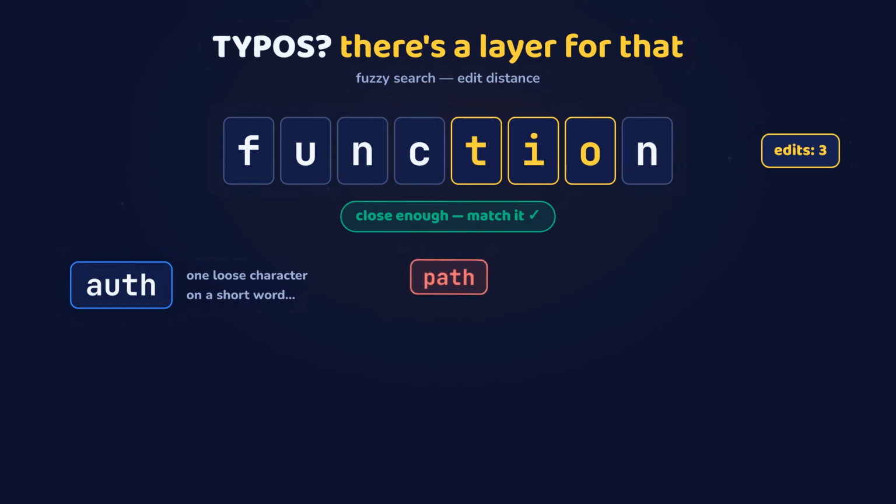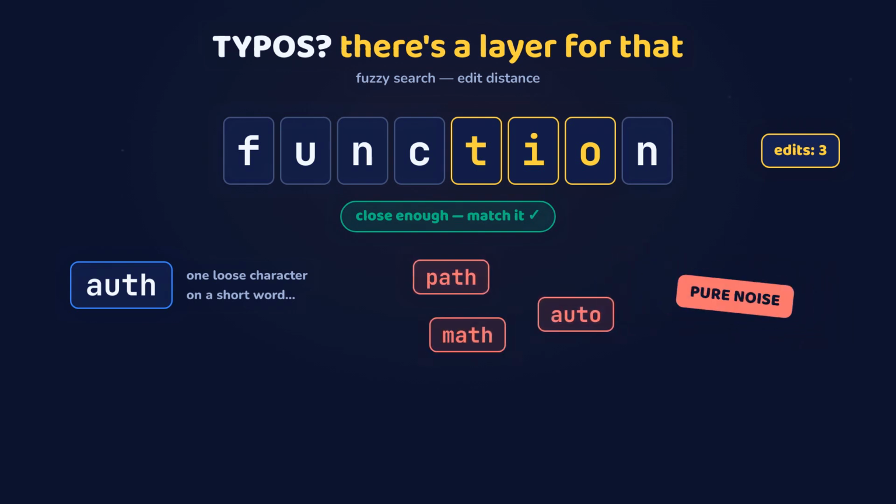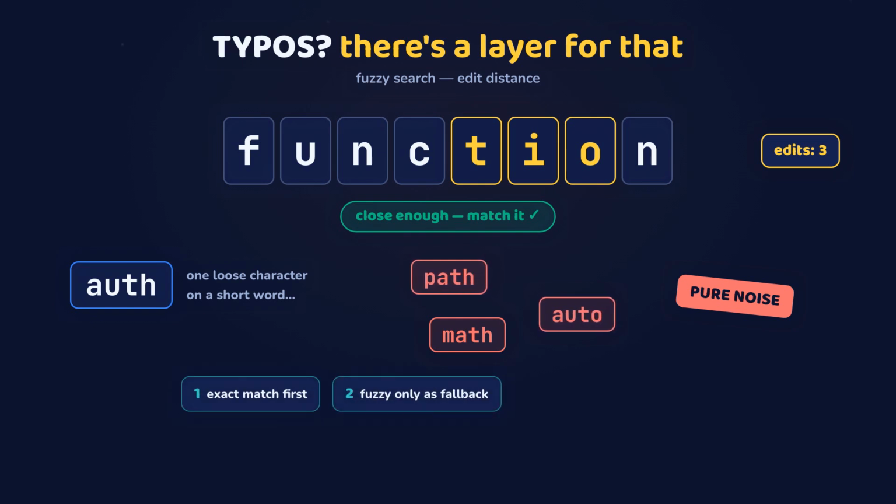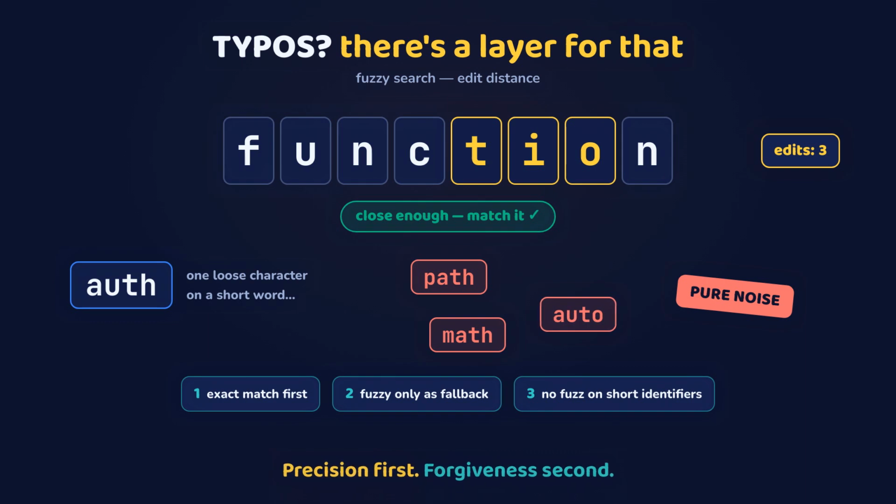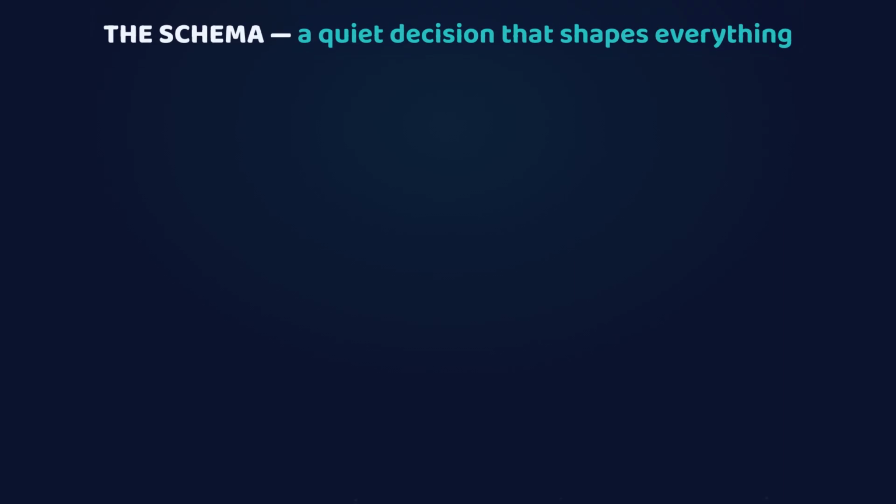Loosen auth by a single character, and you've matched path, auto, and math. Pure noise, so real systems stage it. Exact match first, fuzzy only as a fallback, and almost no fuzz on short identifiers. Precision first, forgiveness second.